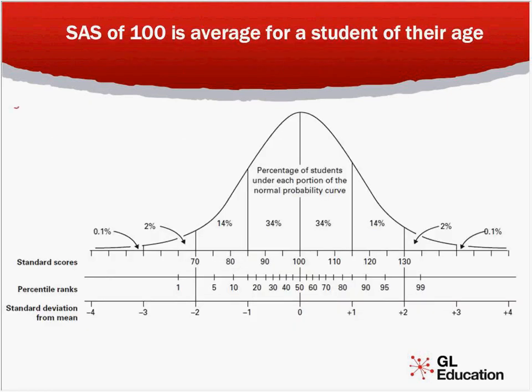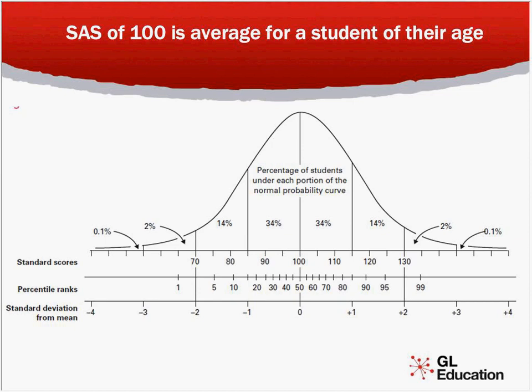For those who are new to standardised age scores, the graph in front of you, I don't want to be patronising, but I certainly remember the first time I saw the graph and I was squinting at it, wondering what on earth it is. The key thing is that 100 means that student is average for a student of their age.